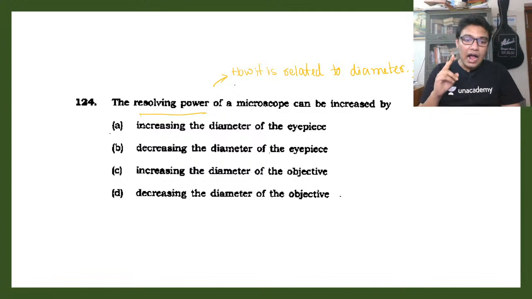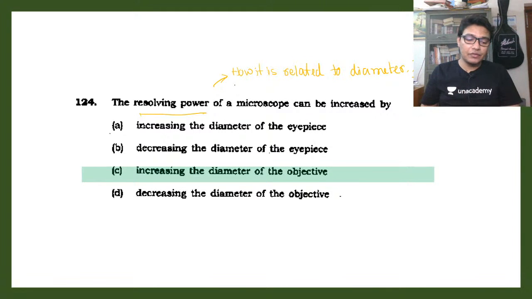Before solving this question, I would move on and learn about the concept, then we come back and solve this question, okay? The correct answer would be option C, which means increasing the diameter of the objective.